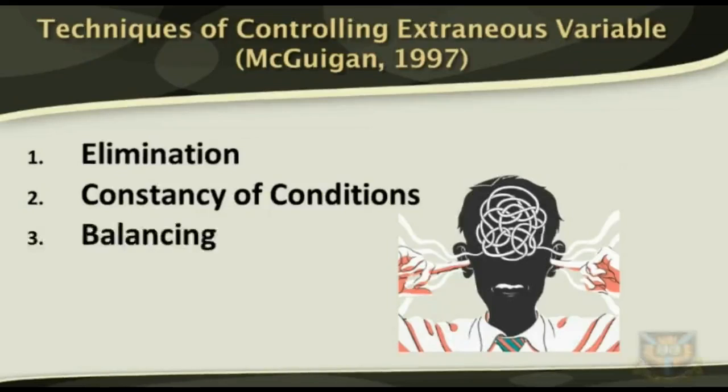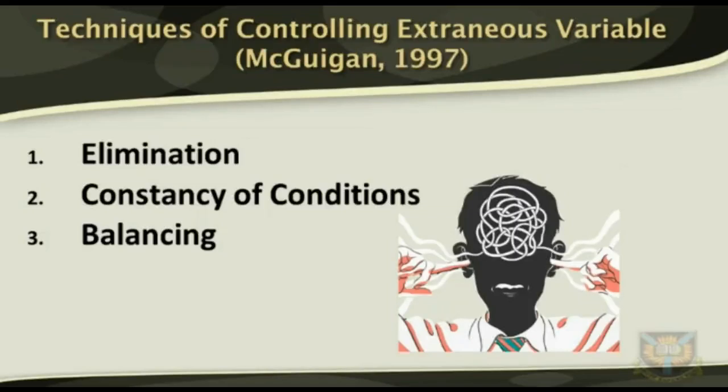3. Balancing. When it is not feasible to hold conditions constant, the experimenter may balance out the effect of extraneous variables. Balancing may be used in two situations. 1. When one is unable to identify the extraneous variables. And 2. When they can be identified and one takes special steps to control them.